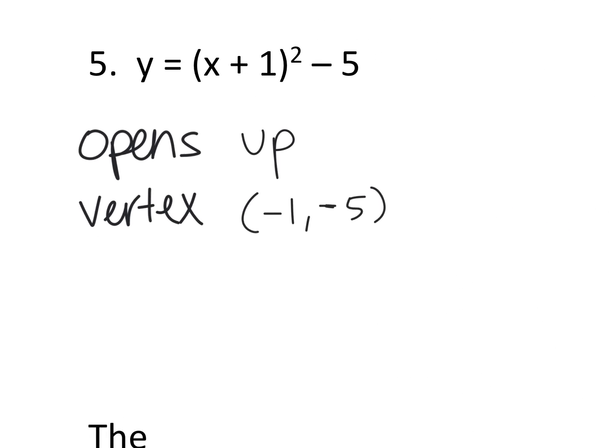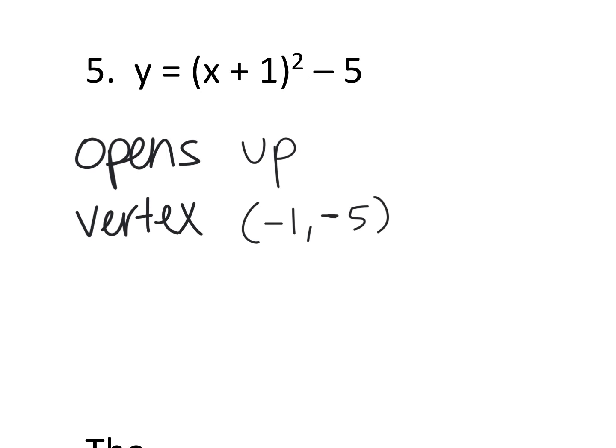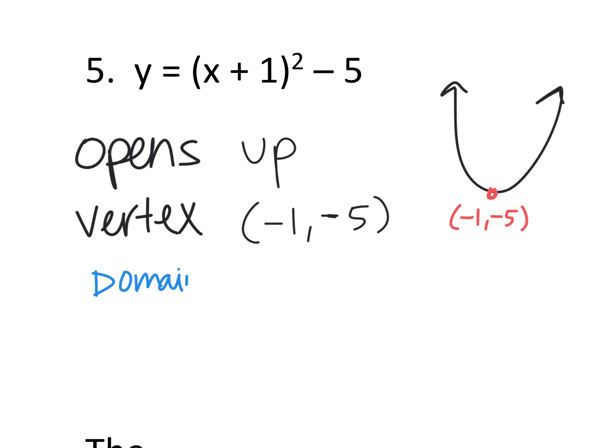Okay, we're also going to do the domain and range. So we're going to draw a little picture. It opens up, so it looks like this, which means my vertex is right here, -1, -5. So to get my domain and range, domain is super boring because it's the same every single time. You might be happy about that though. The domain is all real numbers from left to right, meaning it goes on forever in both directions.